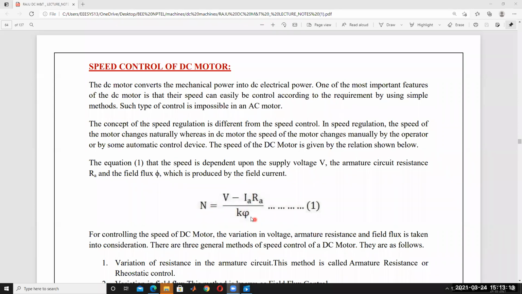By controlling the flux also, the speed can be controlled. Speed and flux are inversely proportional. If the flux is increasing, the speed is decreasing. If the flux is decreasing, the speed is increasing. Like that, the speed of the DC motor can be controlled, and also by controlling the armature current or armature resistance, the speed can be controlled.